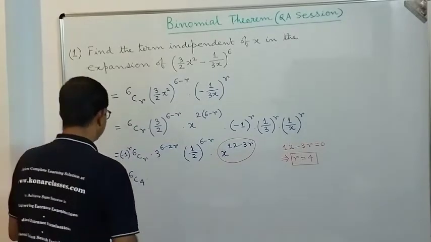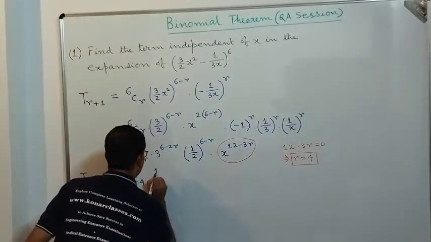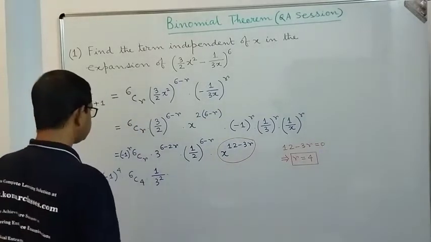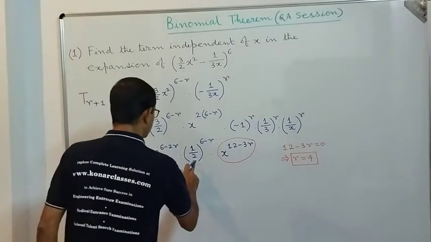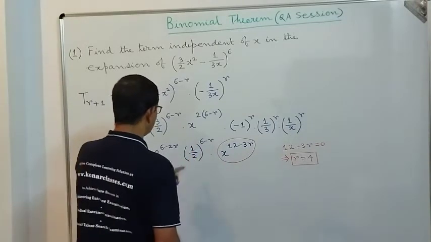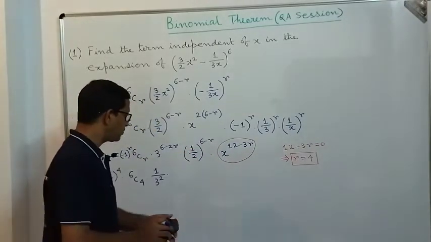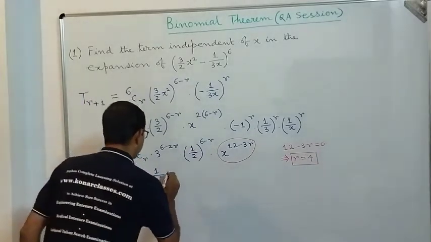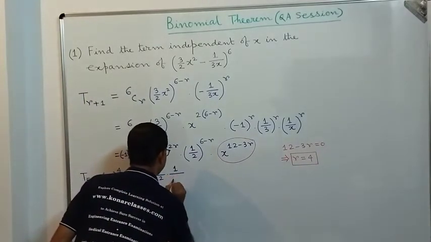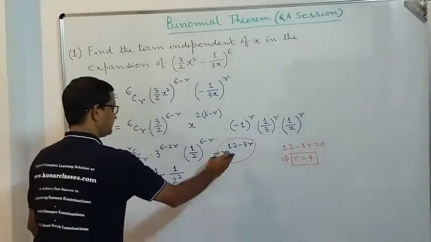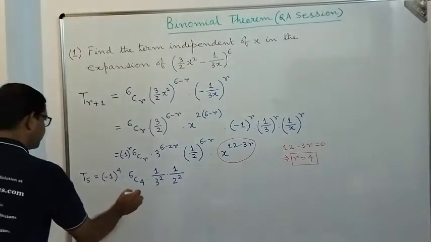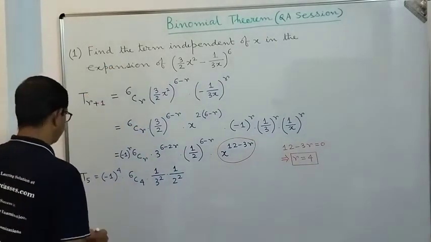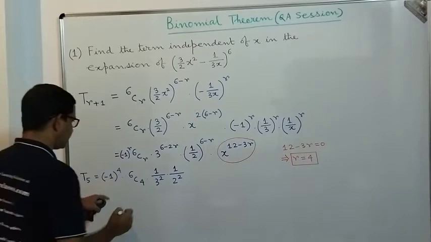These are very simple calculations. Then (1/2)^(6-r), that means (1/2)^(6-4), that means (1/2)^2, correct? And this term is 1, so whatever the value of this expression is the answer to this question. Minus 1 power 4 is 1.